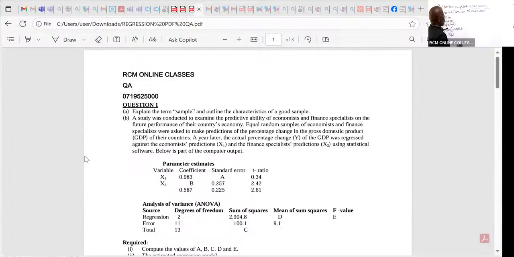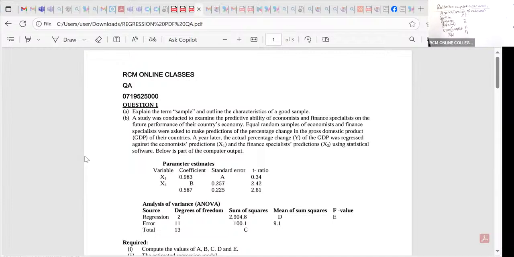Total. So you can see we have the DFs. DFs in this case here, this stands for degrees of what here? Freedom. So degrees of freedom, we have in this case here 2, 11, and then we have 13, like that. Those are degrees of freedom.